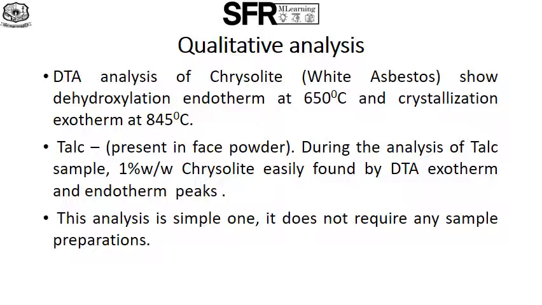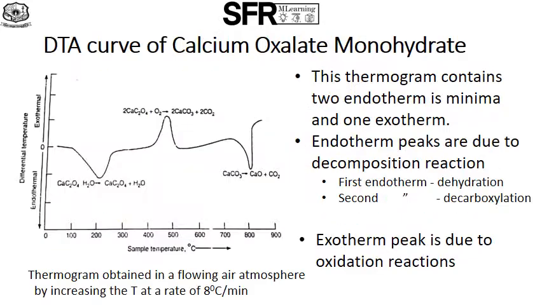If some amount of chrysotile is present in the talc, we can easily find it out by DTA. During the analysis of a talc sample, a very small amount of chrysotile, even 1%, is easily found out by the DTA exotherm and endotherm peaks. This analysis is very simple. It does not require any sample preparation like other methods.